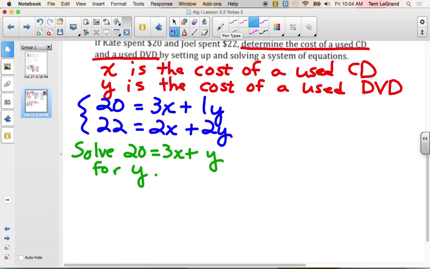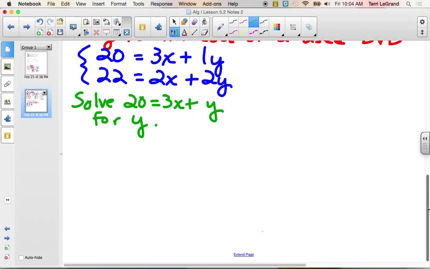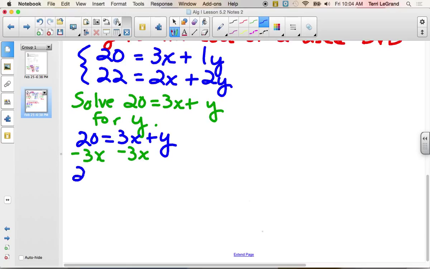Okay, so we're going to solve that first equation for y. 20 equals 3x plus y. What do we have to do? Subtract 3x from both sides. We now have 20 take away 3x equals y.